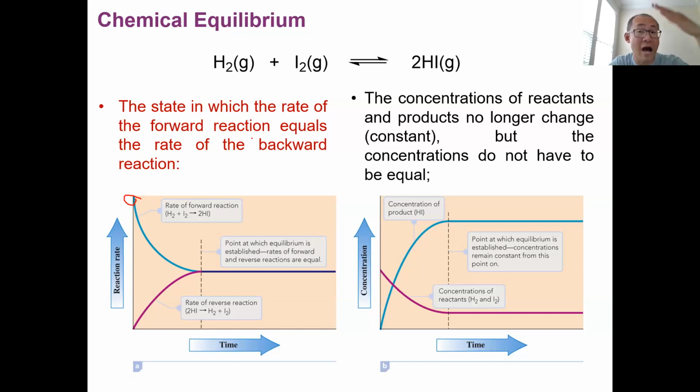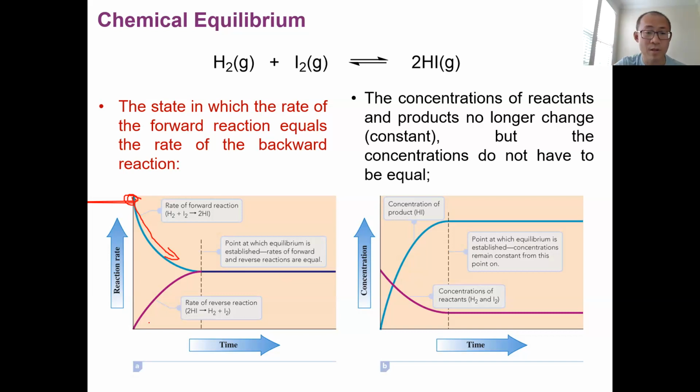So we know higher concentration means higher reaction rate, as we learned in the factors affecting reaction rate. So at the beginning, the rate of the forward reaction is the fastest. But as time goes by, as the reactant is consumed to form product, the concentration is going to decrease, so the forward reaction rate is going to decrease.